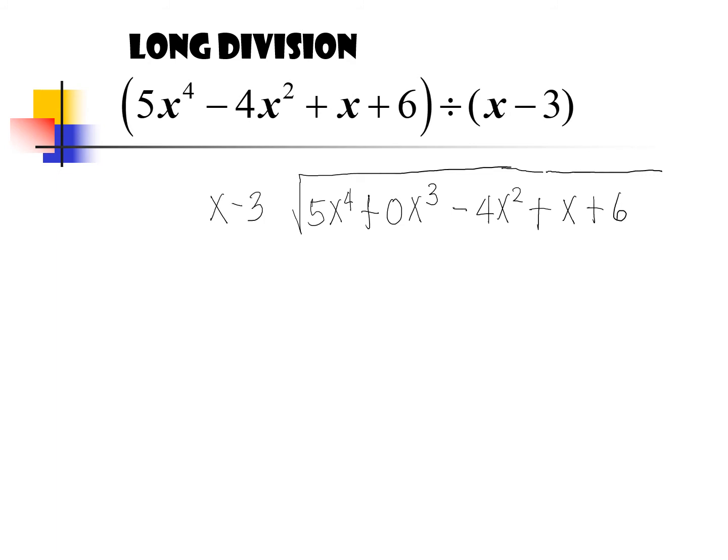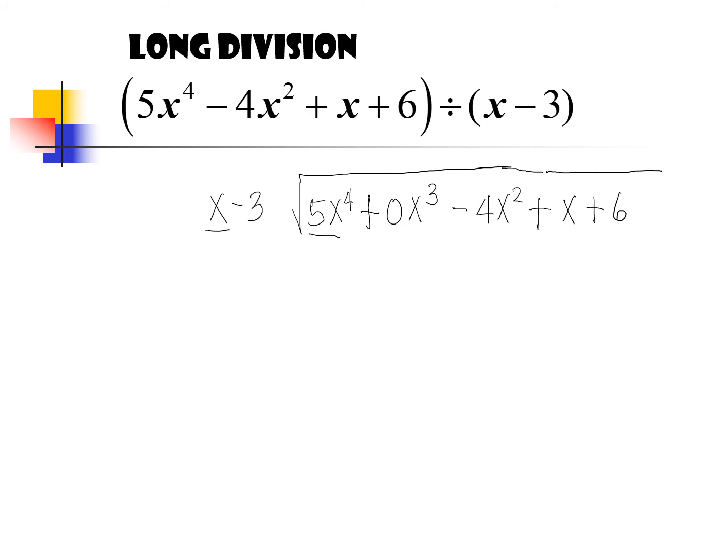As you can see, the terms in the dividend are now in descending order according to its power. So we have to the power of 4, to the power of 3, to the power of 2, to the power of 1, and our constant 6. We now proceed with identifying our first term in the dividend, which is 5x to the power of 4, and our first term in the divisor, which is x.